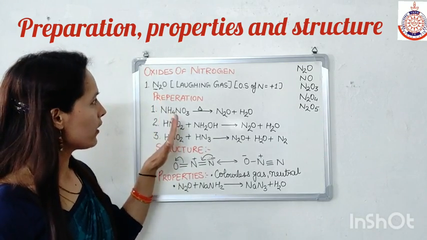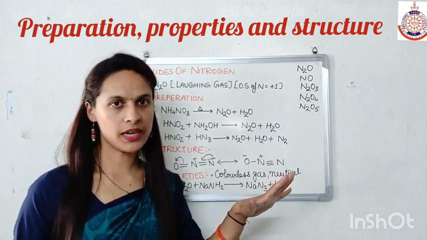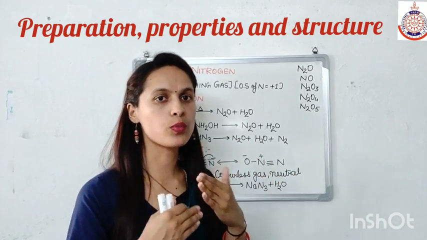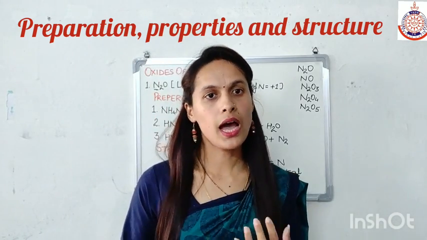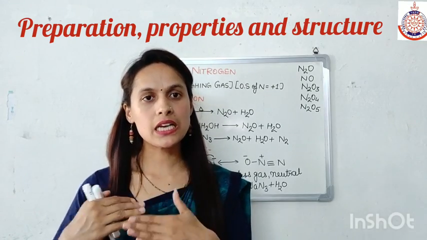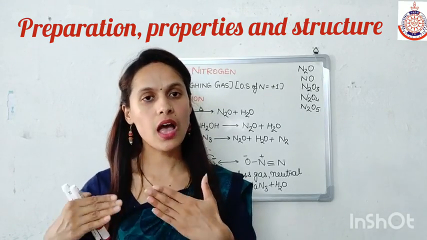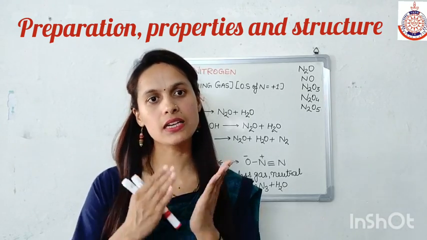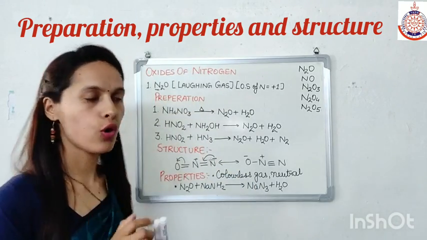Now if I talk about the temperature dependency of N2O, means up to which temperature it is stable, up to 873 Kelvin it is stable. Means it decomposes when the temperature is above 873 Kelvin and decomposes into N2 plus O2.